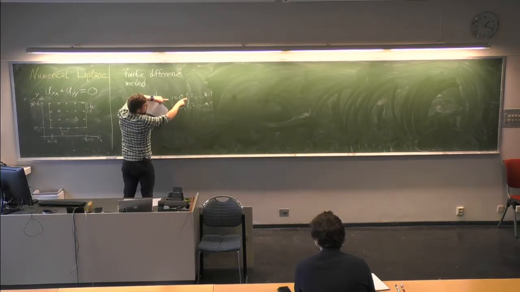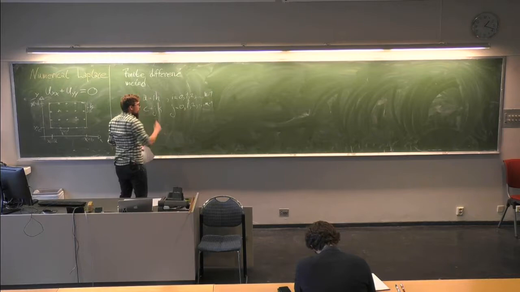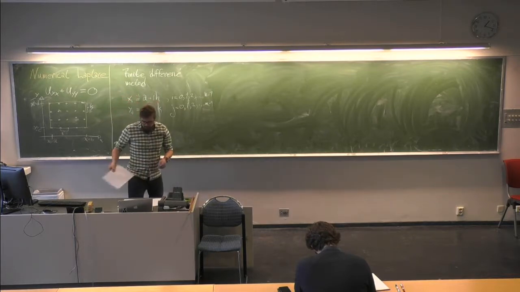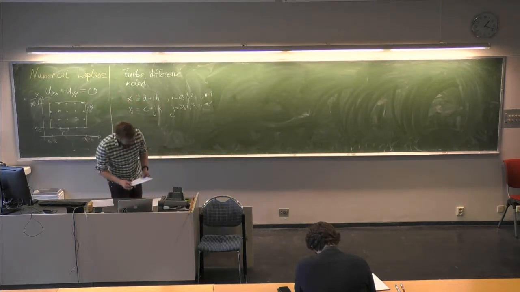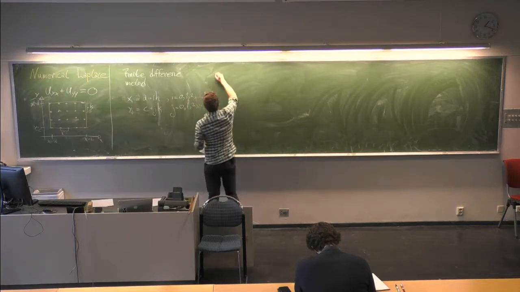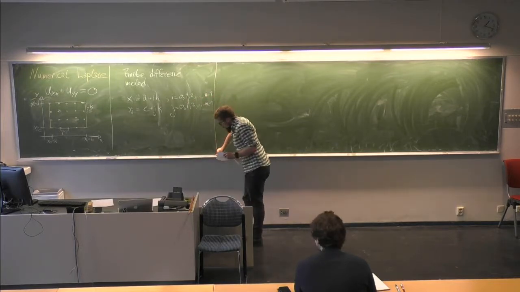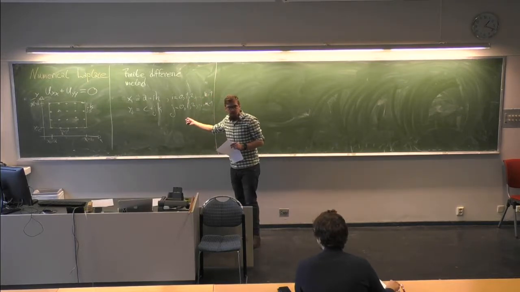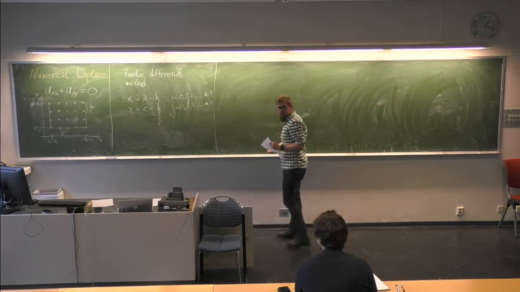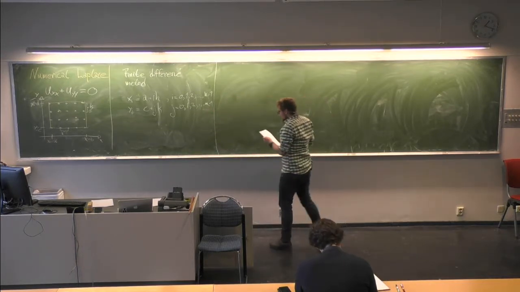So this is n points, this is m points. Start counting at 0. That's a grid. You've seen similar before in mathematics? Yeah. Good.